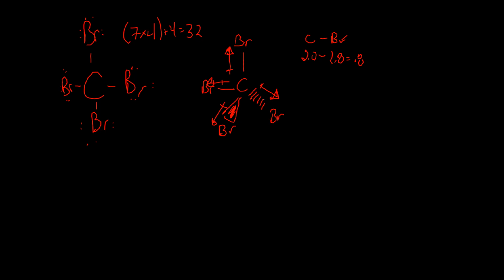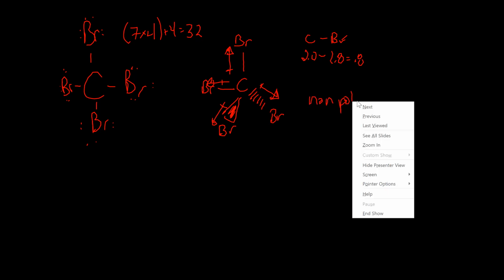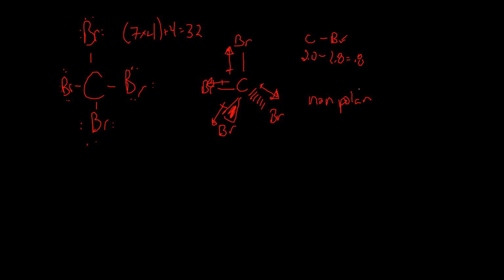We need to remember that there's exactly 109 degrees between each of these bonds. They're all the exact same angle away. And they're all pulling exactly the same amount. That means that they're going to cancel each other out. So this overall is going to be a non-polar molecule because these 4 vectors will wind up canceling each other out.